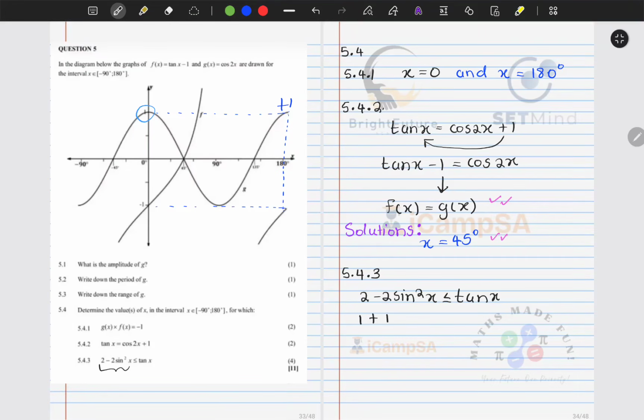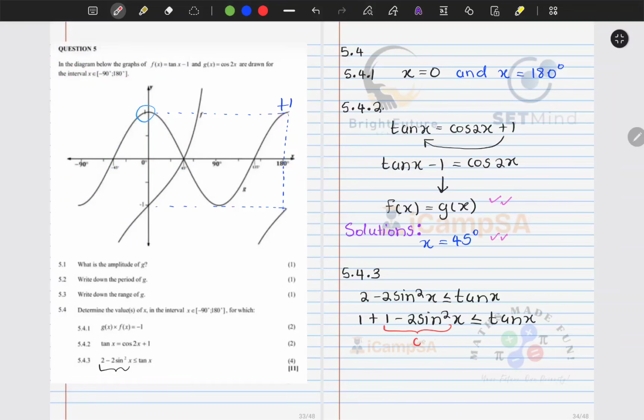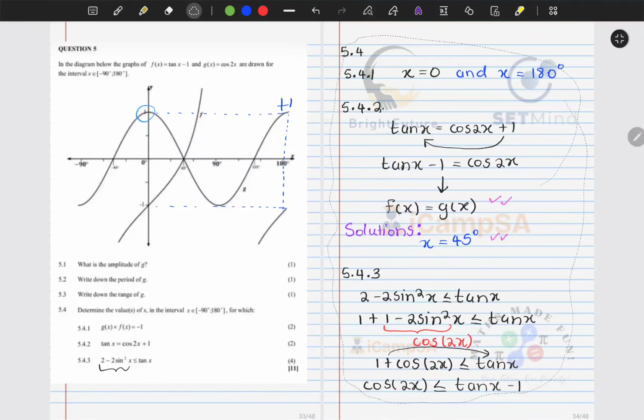So if I make this 1 plus 1 minus 2 sine squared x being less than or equal to tan x, what you will see is that this identity here is cos of 2x. Okay, so this means we have 1 plus cos of 2x being less than or equal to tan x. So we can transpose this such that we have cos of 2x being less than or equal to tan of x minus 1.